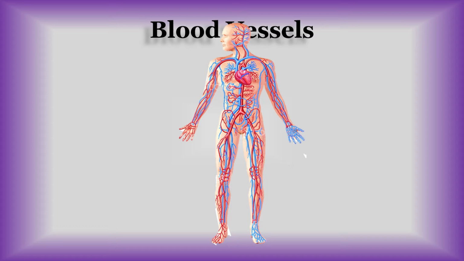What are these red and blue lines? These are blood vessels, and these blood vessels have originated from the heart and spread throughout our body.